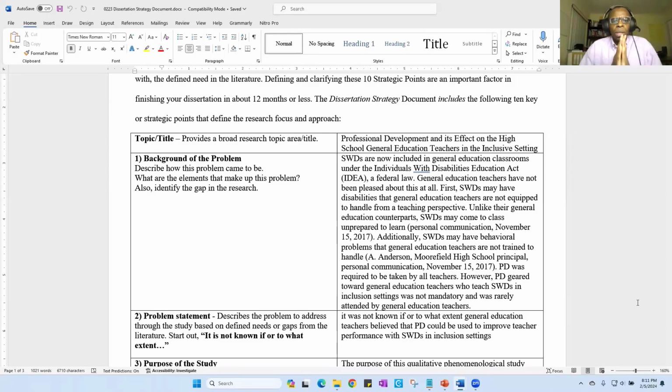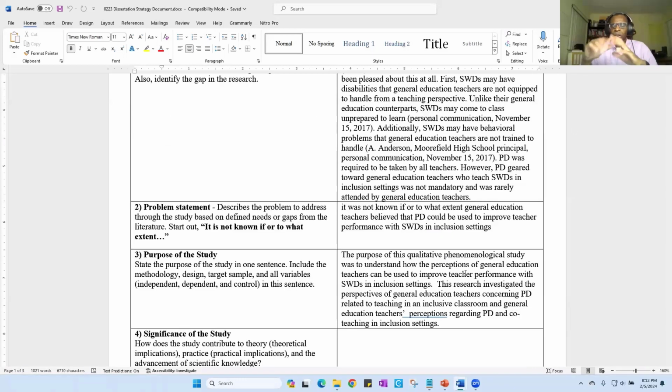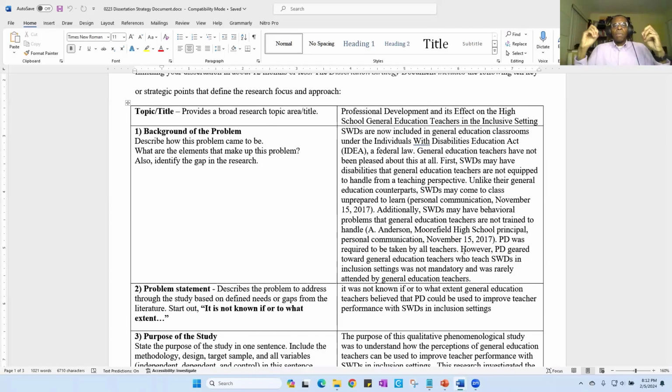Okay, great. So the study that we're going to analyze is on professional development and its effects on high school general education teachers in the inclusive setting. Let me give you some background of what this study is about. Originally, they had general ed students and students with disabilities separated.